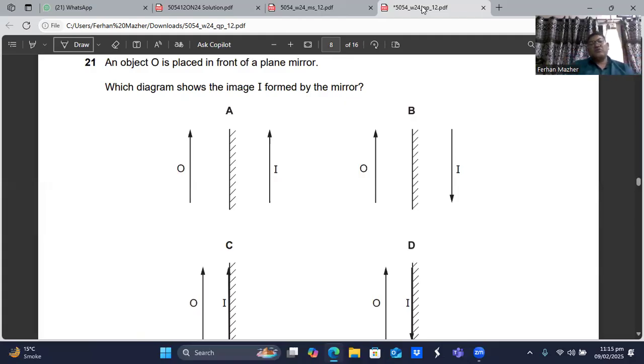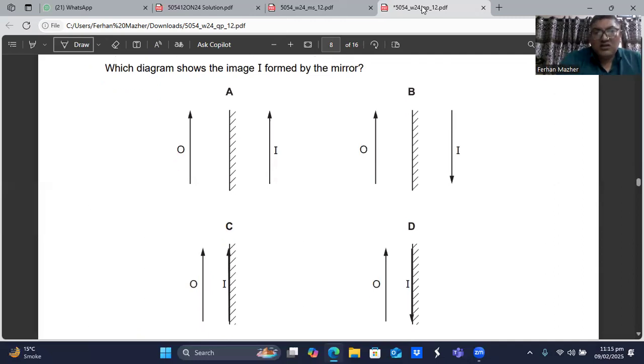So C and D cannot be the answers because the image is formed on the surface of the plane mirror, which is not possible. The image is formed virtually behind the mirror.